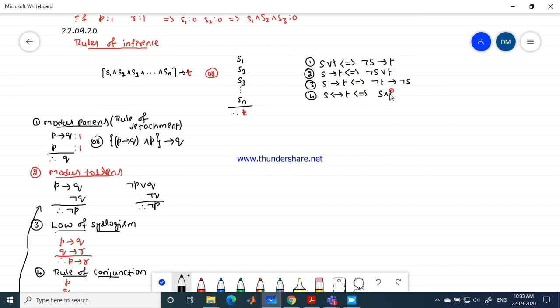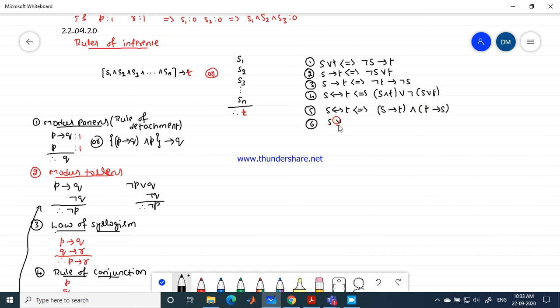I'm supposed to make use of the result which I gave previously with conjunction and disjunction: S conjunction T, disjunction, negation of S disjunction T. Or if you want to use implication, you can do that also. S biconditional T can also be written as S implies T, conjunction T implies S. If these two are true, we claim the biconditional is also a true statement.